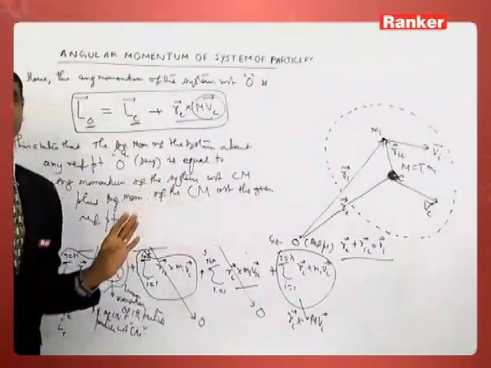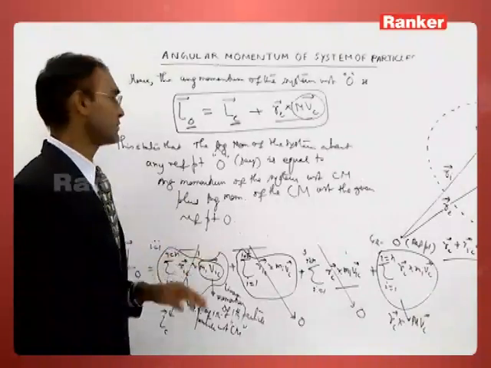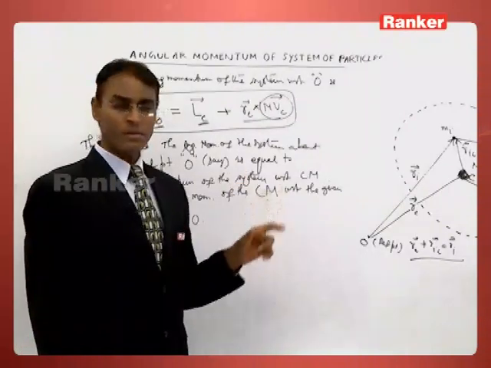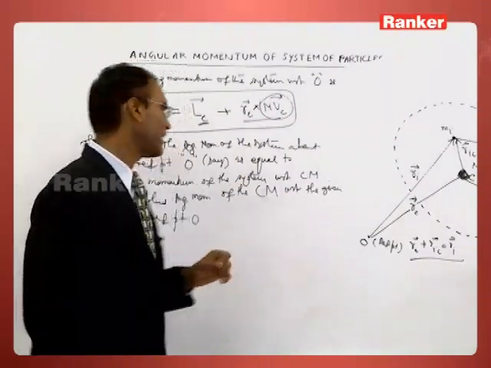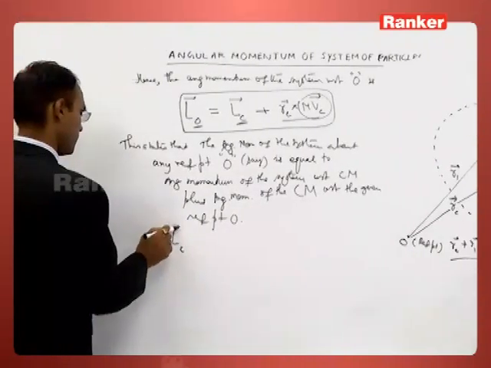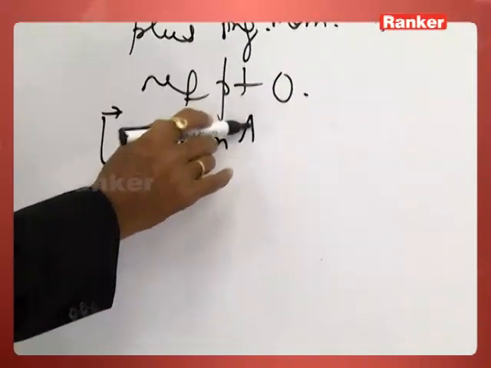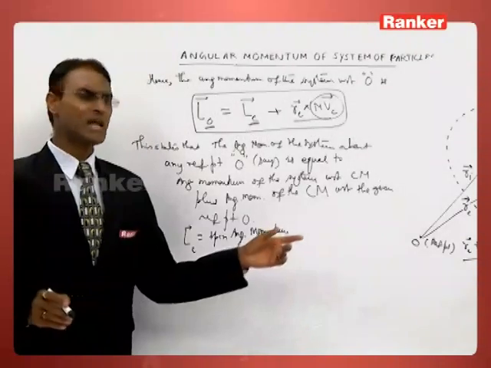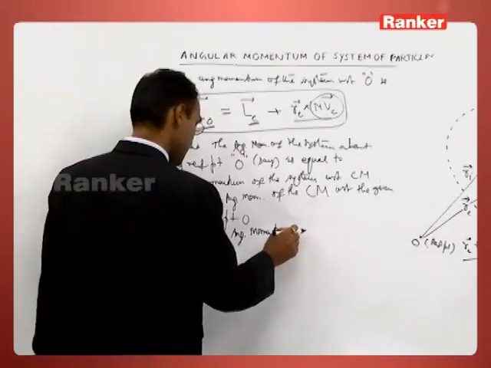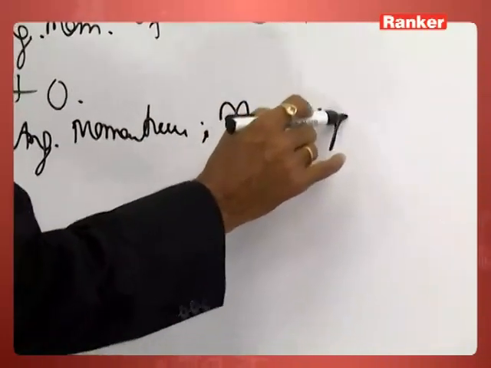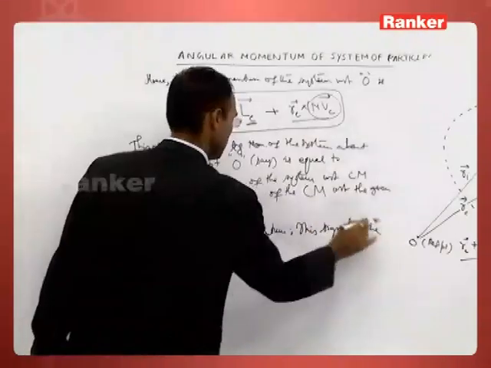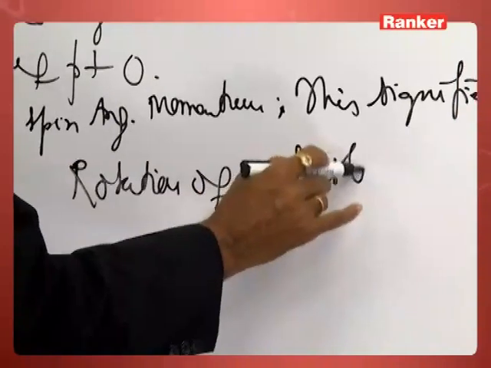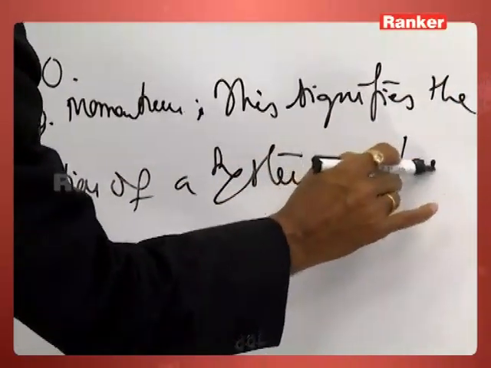This is one of the great theorems of the system of particles. The first term, LC, can also be called the spin angular momentum, or intrinsic angular momentum. This signifies the rotation of a system of particles.